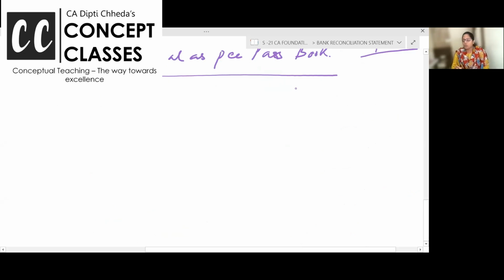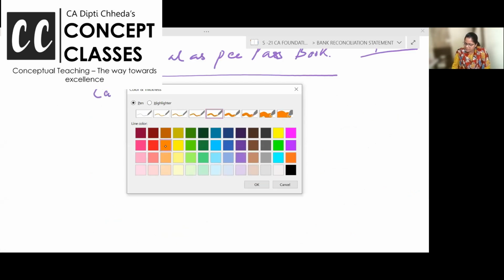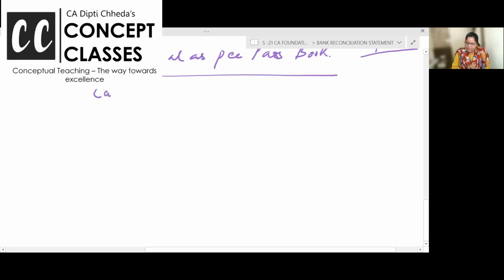What I want to take up is, can we just revise. In our cash book, bank account, look at the screen, I'm doing revision for all of you, and in the bank passbook.